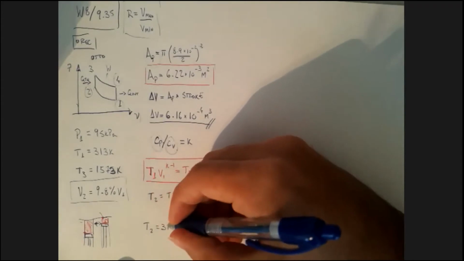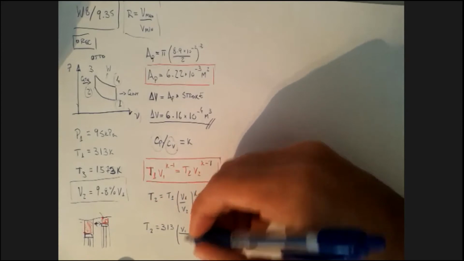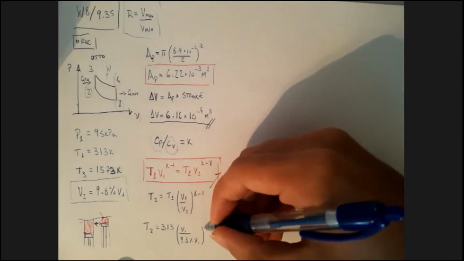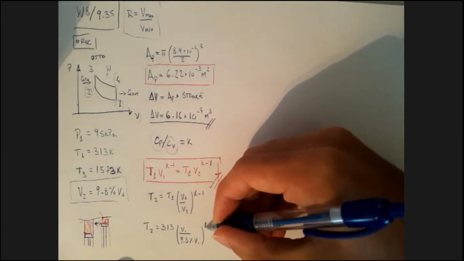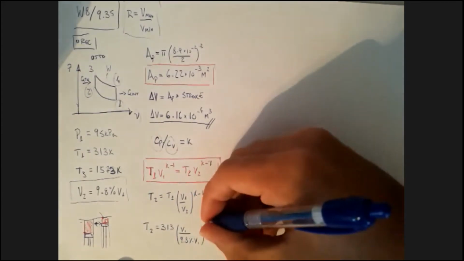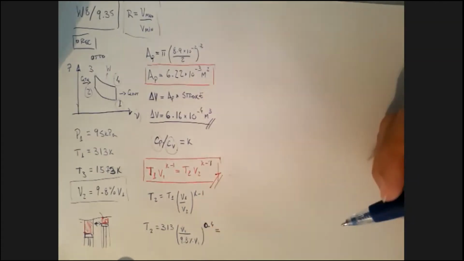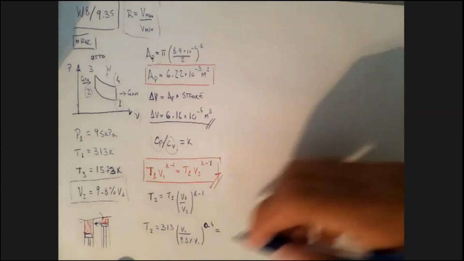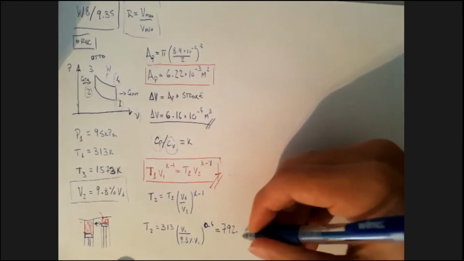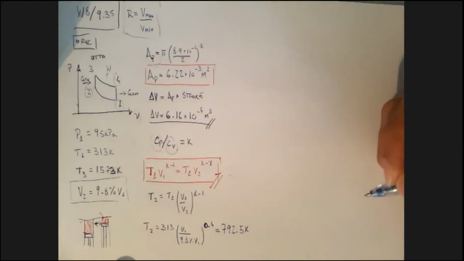So that's going to be 313 times V1 over 9.8% of V1, to the power of 1.4 minus 1, which is 0.4. Okay, and then it's only numbers here, so I can solve this, and I get that my T2 is going to be 792.5 Kelvin.